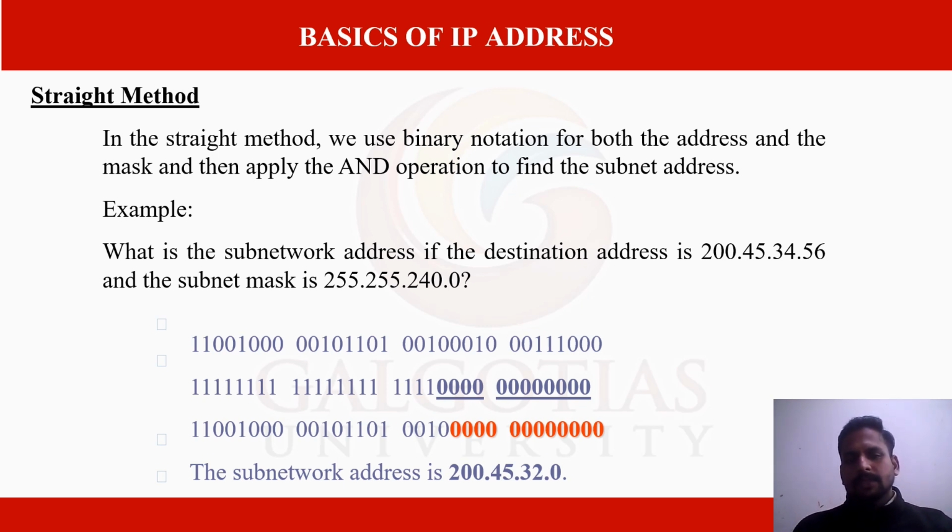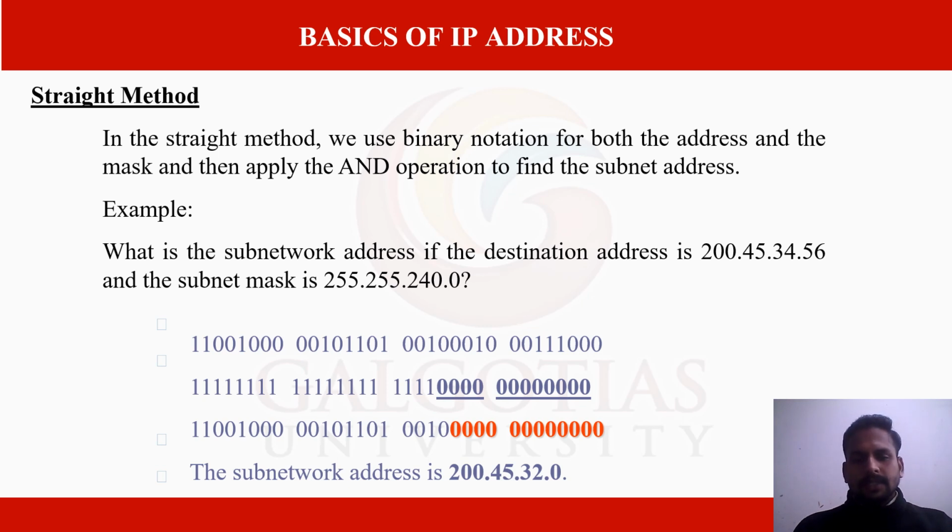What is the subnet address if the destination address is 200.45.34.56 and the subnet mask is 255.255.240.0? What we have to do first is convert the IP address and the subnet mask into binary values.